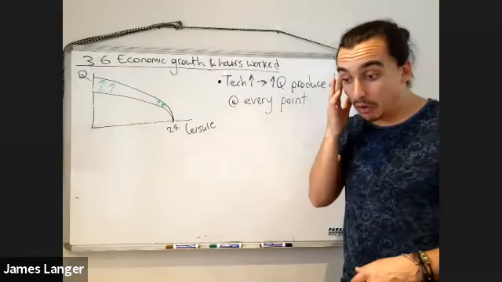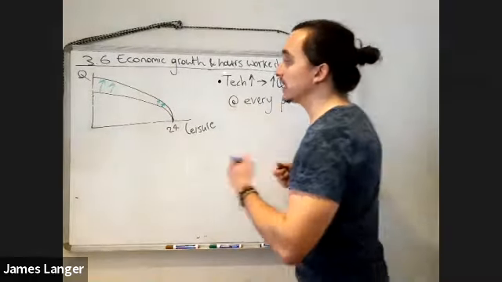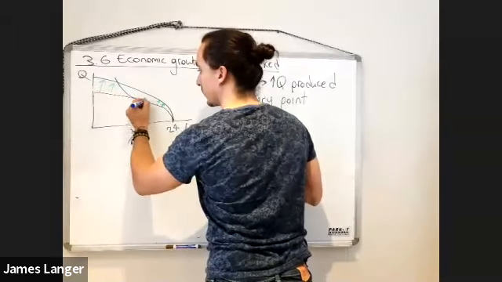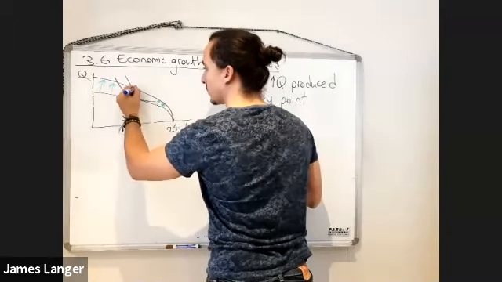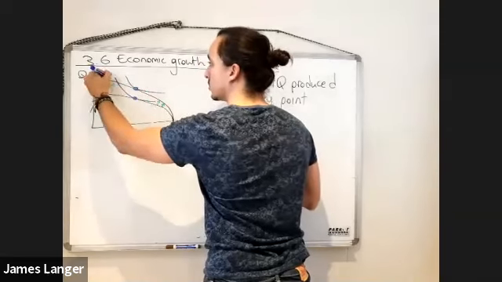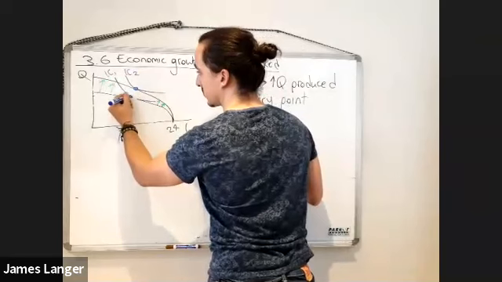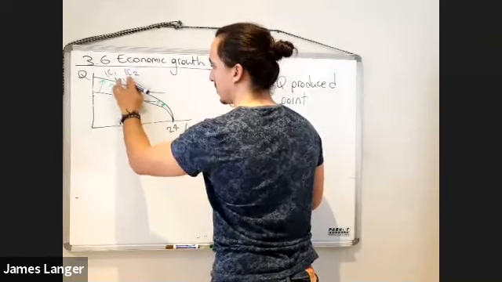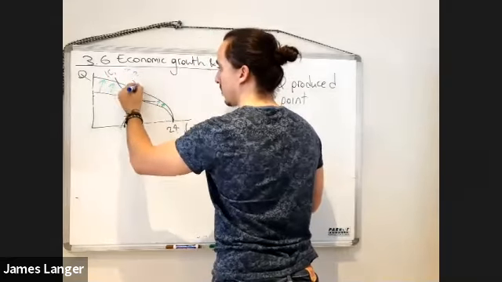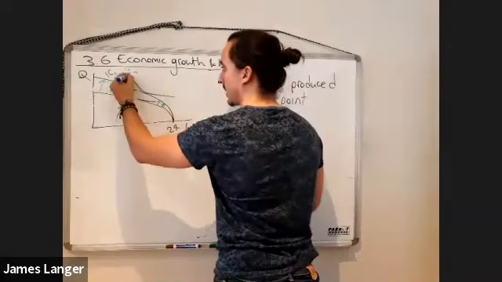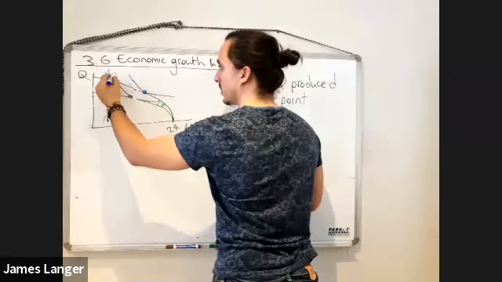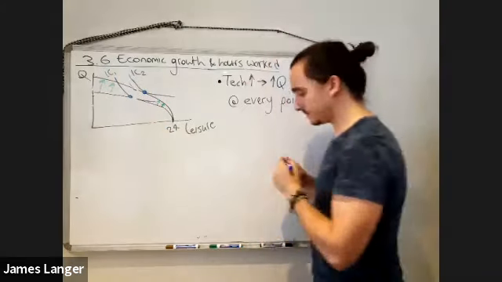Okay, so now what is that going to lead to? It's going to lead to me moving from one indifference curve to another. In this example, let's show it like this.